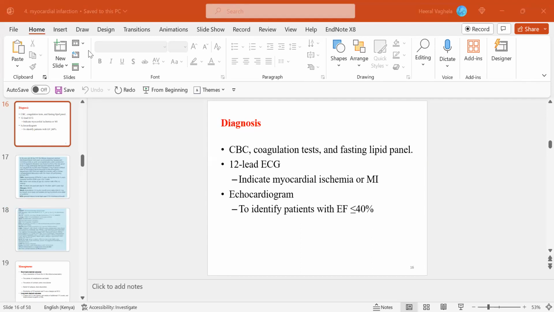Thrombolytics. Thrombolytics for STEMI and anticoagulants for NSTEMI. Yes. Anything else to add for that?